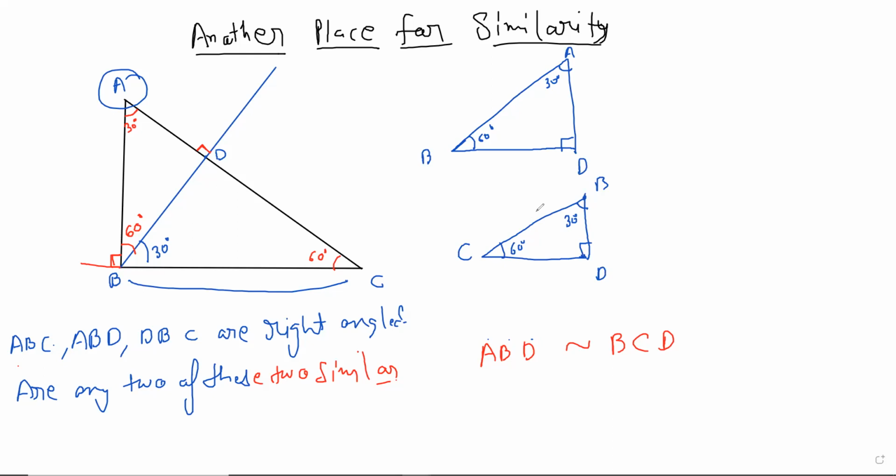Whenever you get confused, you can just draw the triangles separately. To be fast will come over time, but you can just see this is 30, 60, so this 30, 60 has to be compared with that. So AB by BC, and then the D would come in the end. Anyway, I guess that works out. So we have this as similar. Anybody else maybe can spot another similar pair?